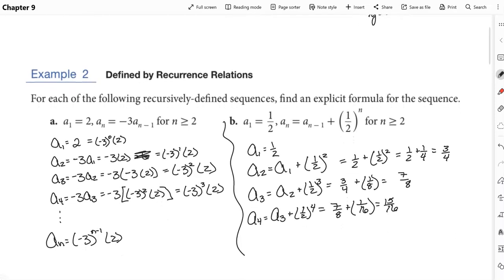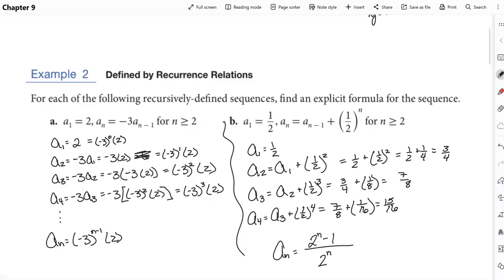So let's see if we can see some kind of pattern here. For the denominator, when n is 1, I have 2 to the first, 2 to the second, 2 to the third, 2 to the fourth. So that's 2 to the n. For the numerator, I see 2 to the n minus 1 here.